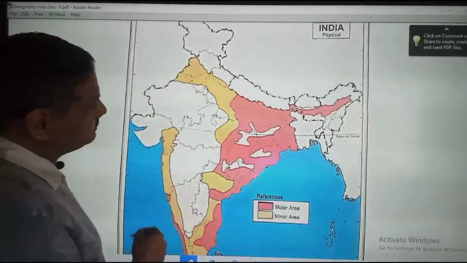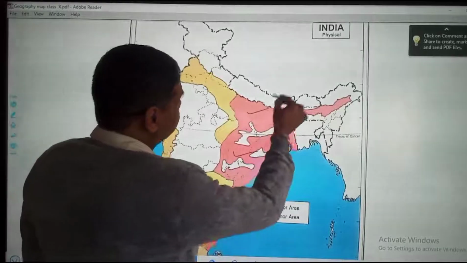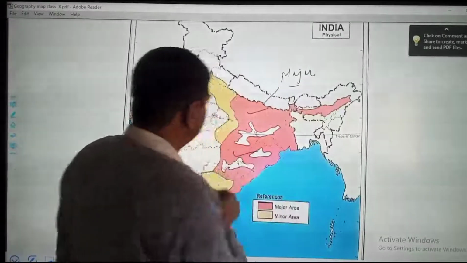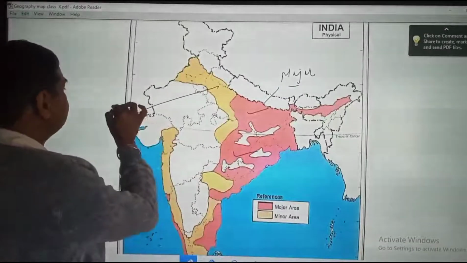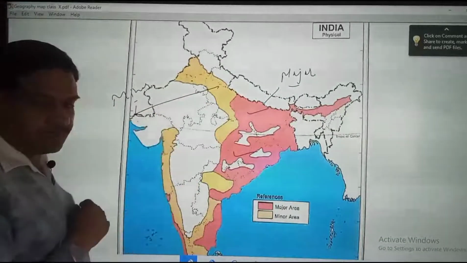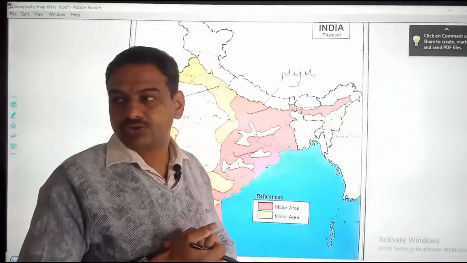You can see that these are the major producers of rice, and these states are called the minor producers of rice. Yellow color signifies the minor producer and red color signifies the major producer of rice.